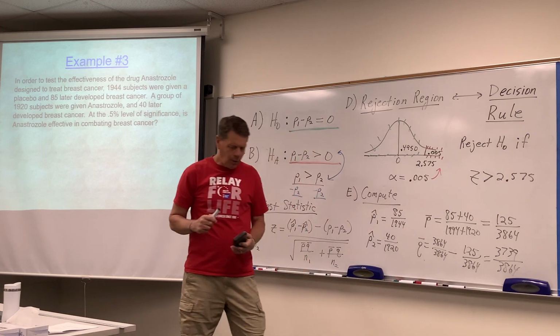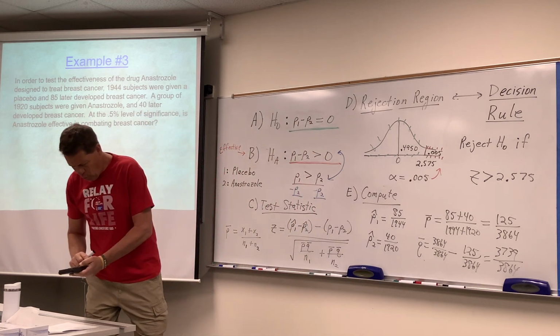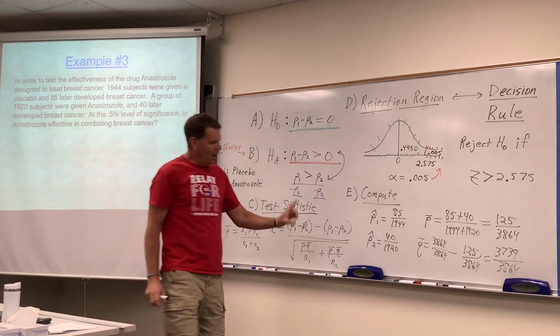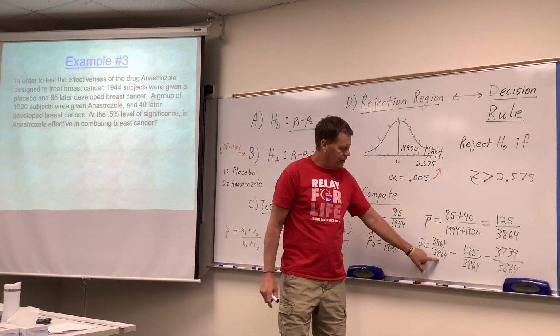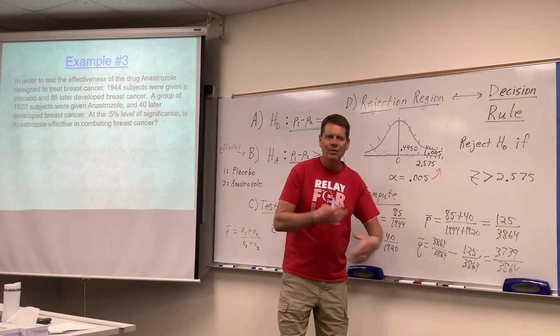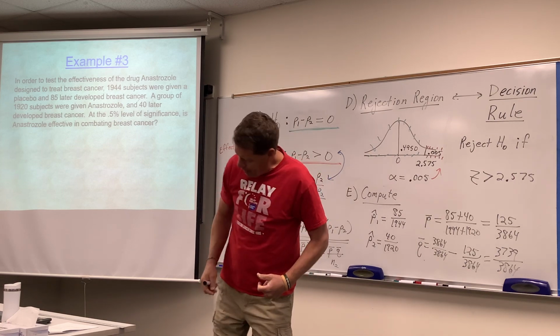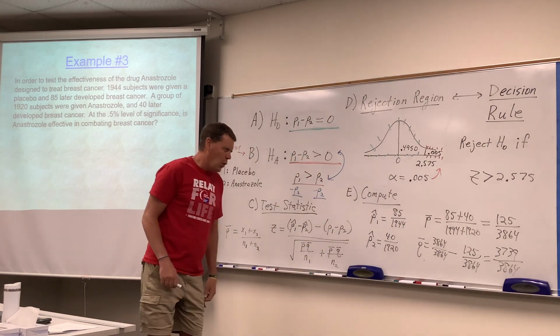Again, P and Q have to add up to 1. And keep in mind, I changed the 1 into 3864 over 3864 in order to get a common denominator, arithmetic, blah, blah, blah.